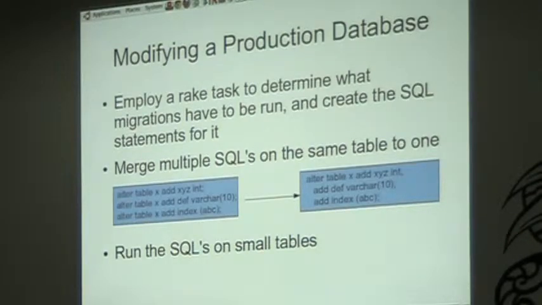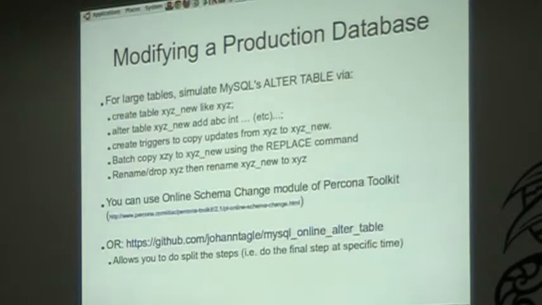But for large tables, we still don't do it that way. For small tables, go ahead. It's just going to take a second or so. So what we do for large tables is we simulate MySQL's alter table. You create a table like that one.